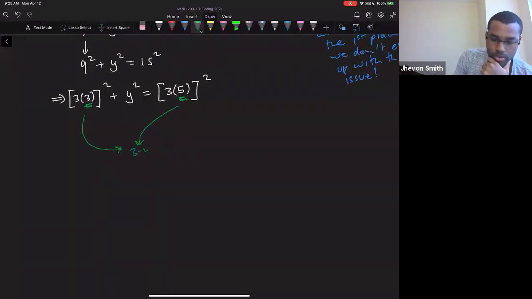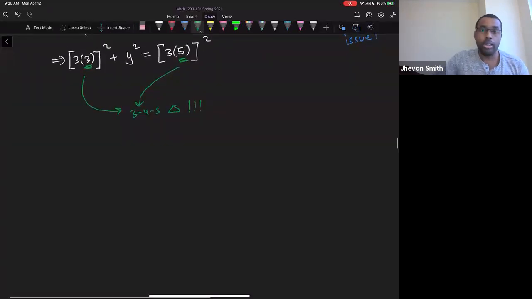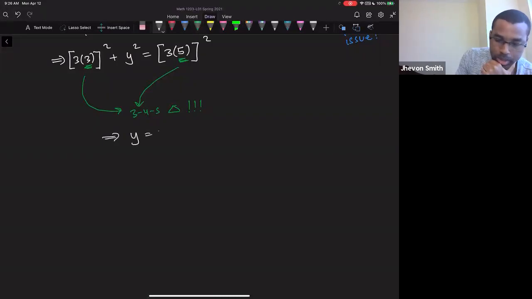Well, it's called the 3, 4, 5 triangle. You have these guys called Pythagorean triples, numbers that always show up. 3, 4, 5 is one of them, a very popular one. You can also have things like 5, 12, 13. That's another popular one, and a whole bunch of other things. But in other words, you can know that this means your y is going to be 3 times 4. It's actually proportional, so it's going to be 12.